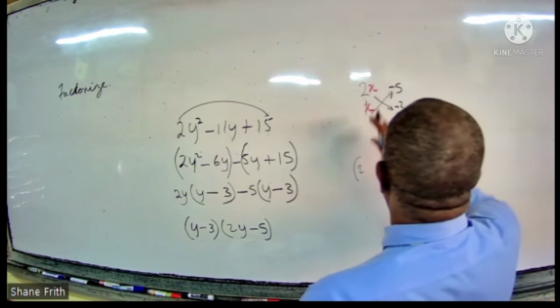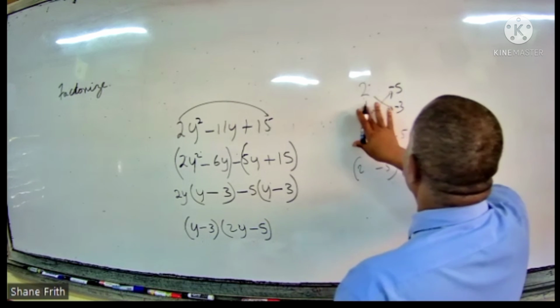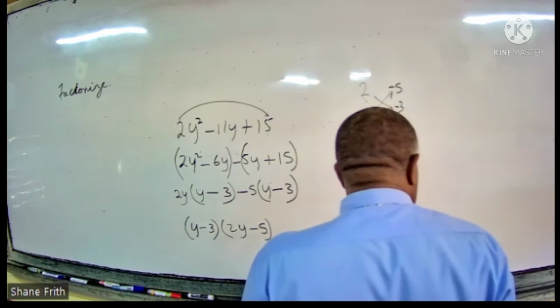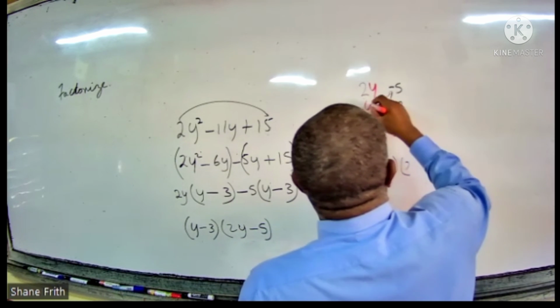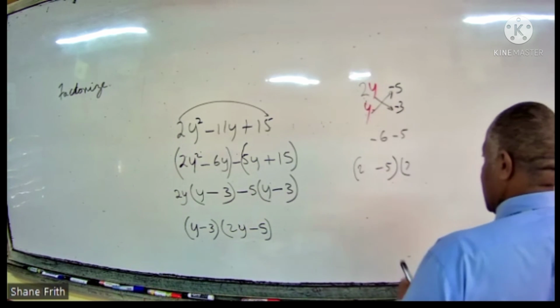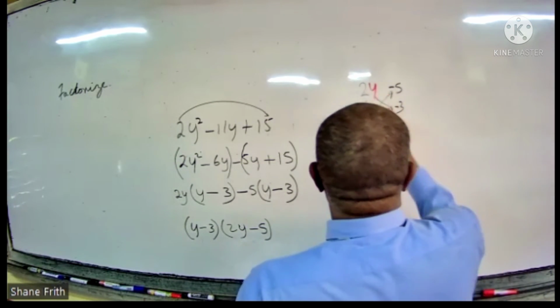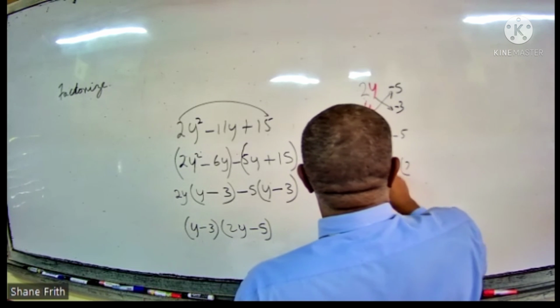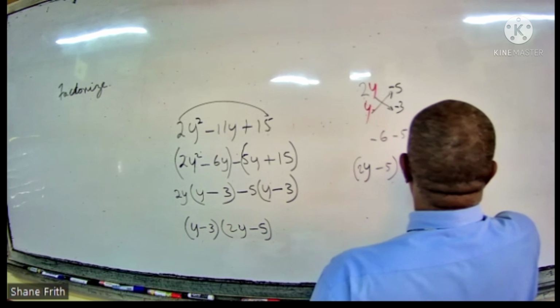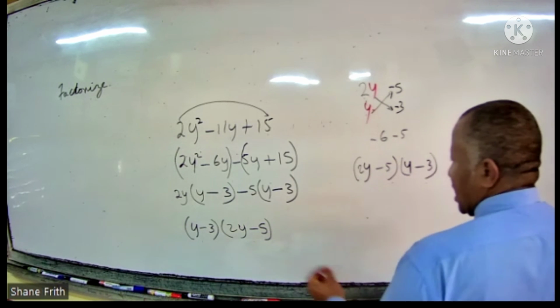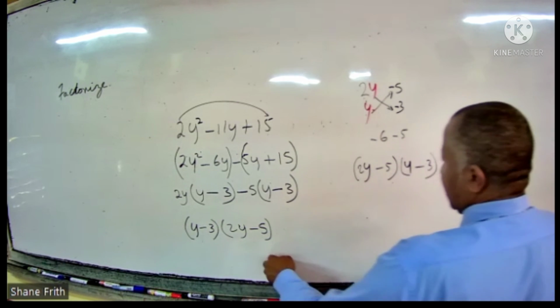Sorry, not x, sorry, y. My variable is y, not x. So I could put y here. So I end up with 2y minus 5 and y minus 3. And it's the same thing that I have, right?